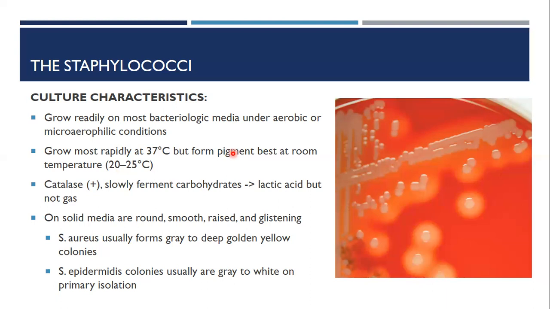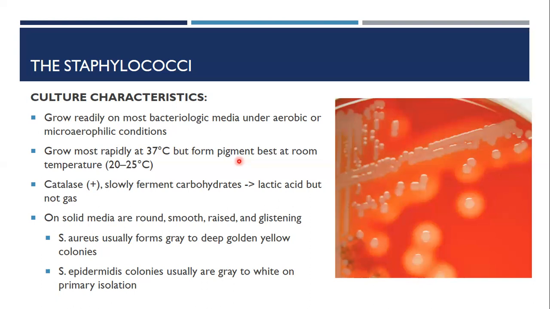Now, if it is Staphylococcus aureus, the pigment produced is staphyloxanthin. Staphylo, and then xanthin. Staphyloxanthin is basically described as a deep or golden yellow pigment.